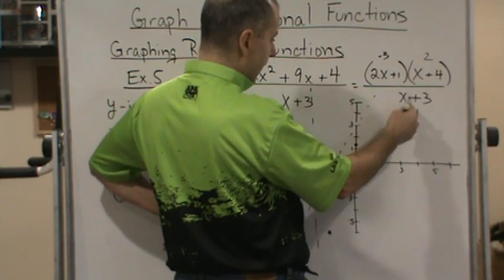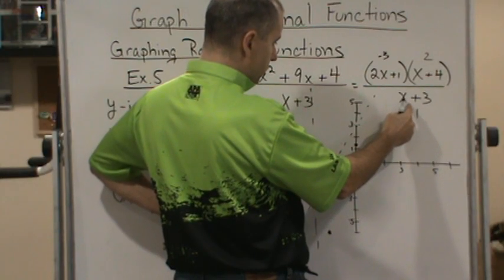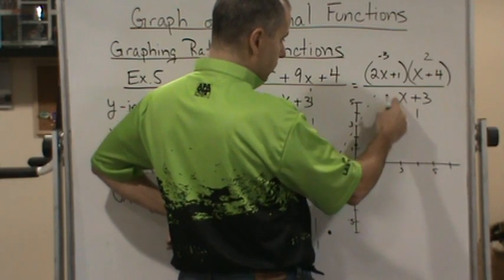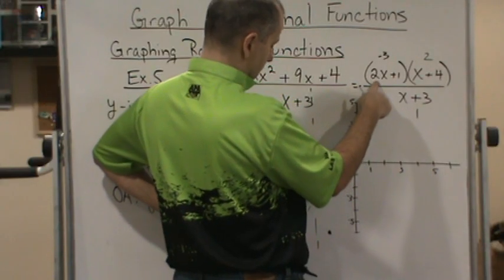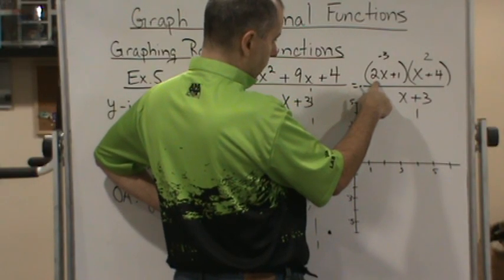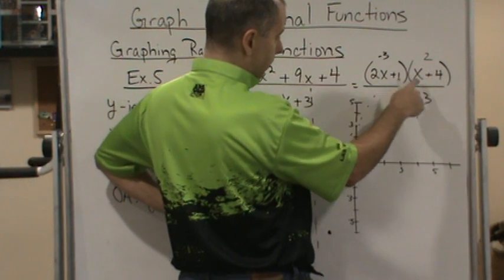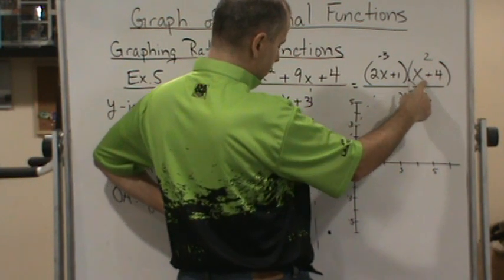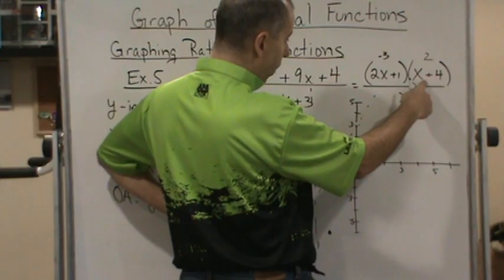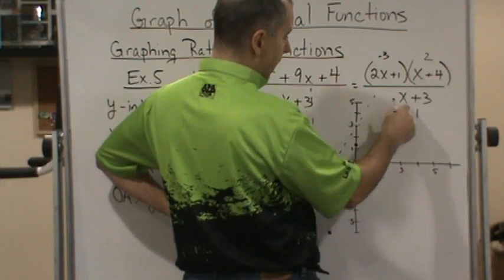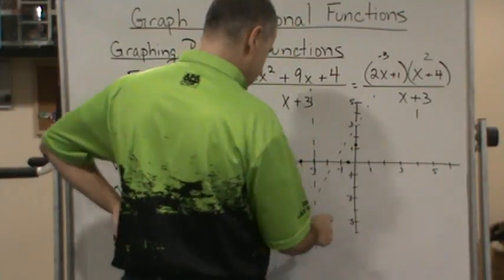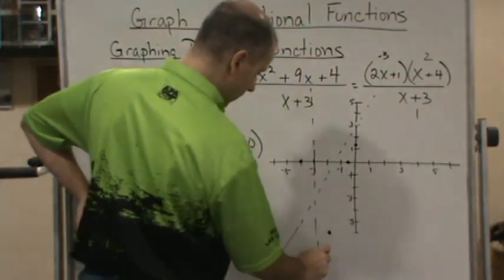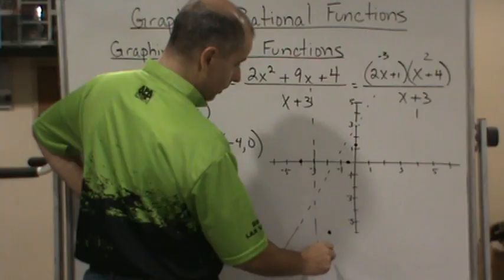So this whole thing is negative, but this is getting closer and closer to 0, this is getting closer to negative 5, and this is getting closer to 1. The whole thing is staying negative, so this is going to negative infinity.